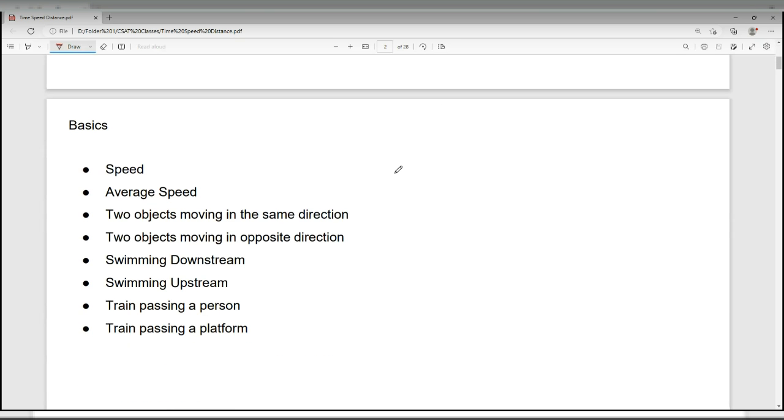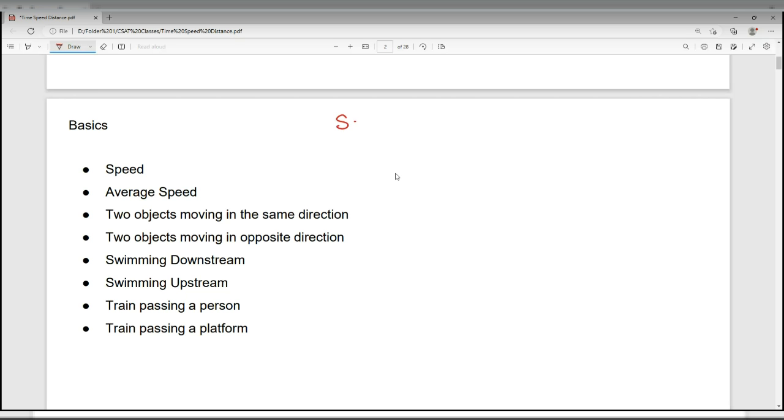So the very basic is what is speed. You can note down these things, and you can revise them later, and it will also be helpful once you're solving the questions. I'll even cover the basics again while solving the questions. The first basic aspect is speed.